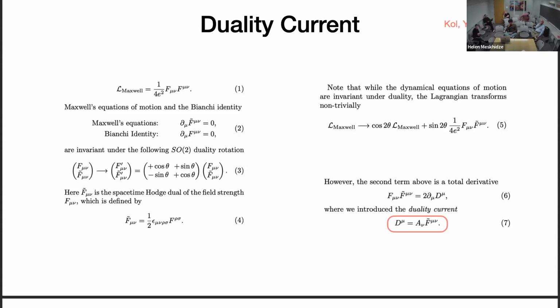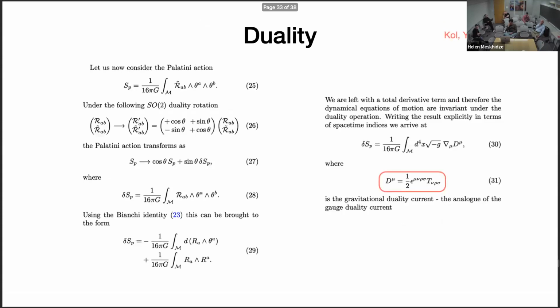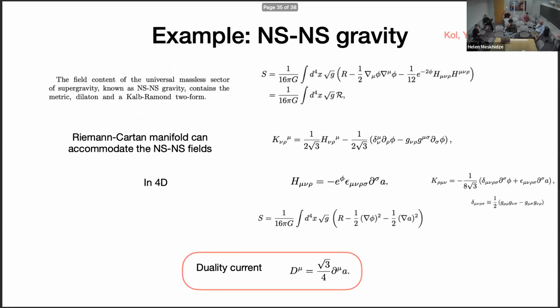This duality current is related to the helicity current of electromagnetic waves, for example, but it's more general. So that's Maxwell's theory, and we found the analog of the duality current in gravity. And that's just a quick example of a theory known as NS gravity.